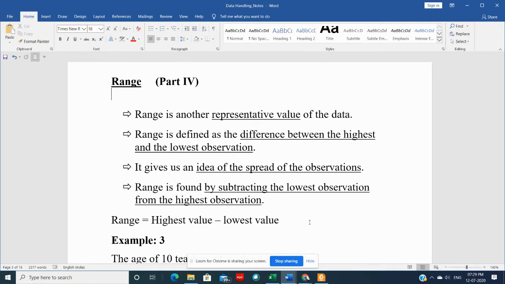So range is again the representative value. What is range? It's again one of the representative values of the data. I'll explain to you how it is a representative value.